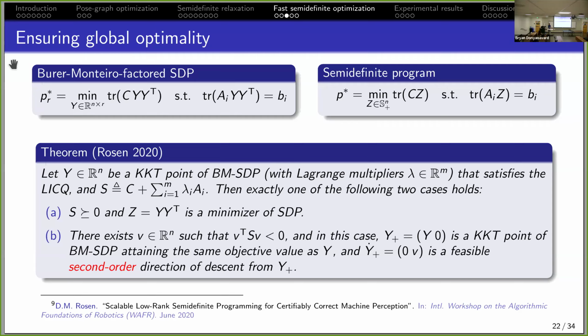So I increase R, the assumed rank of my solutions, by 1, and I can construct, using that direction of negative curvature, a second order direction of descent from that lifted solution that I have in my hand.